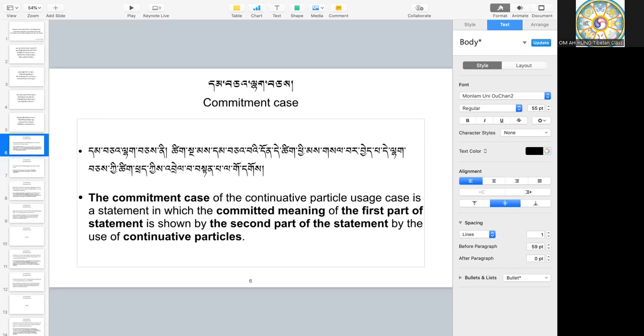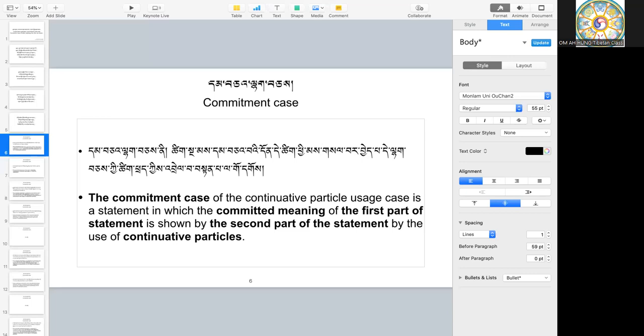So therefore, we will understand this here. There are 4 variations for commitment case. Any statement of a commitment case will have 3 compulsory components. First, the first part of the statement, the part that comes before the continuative particle, which is the committing portion.